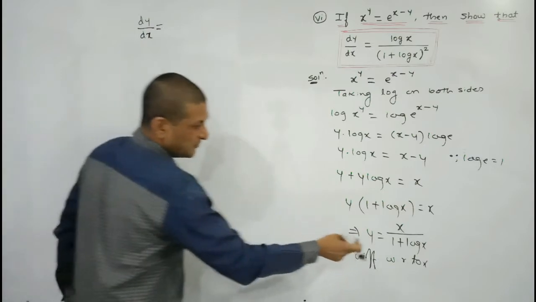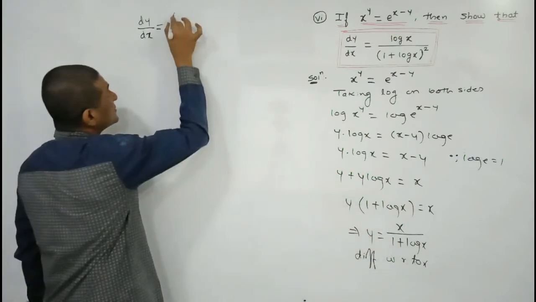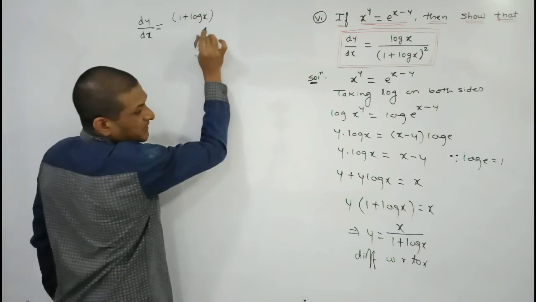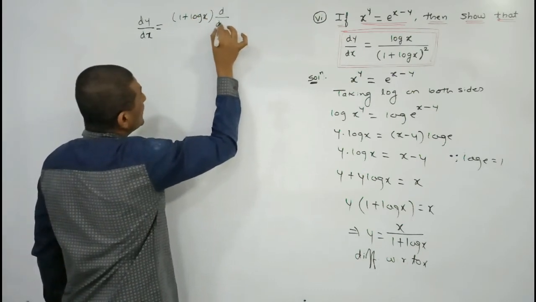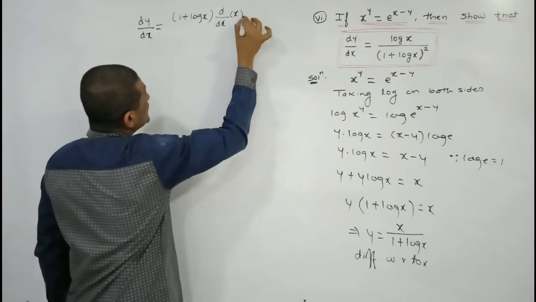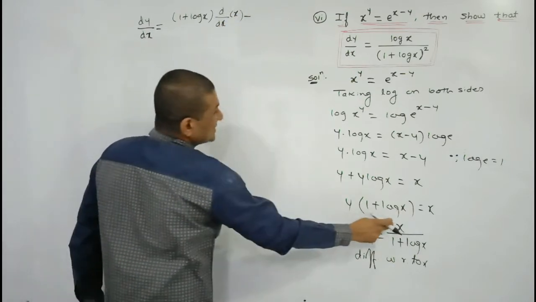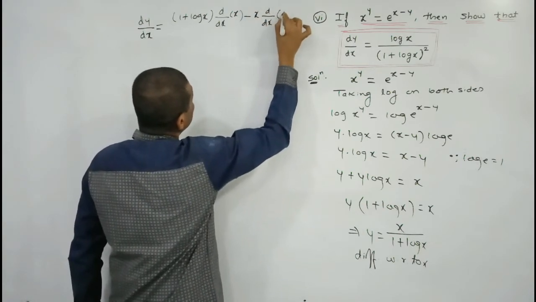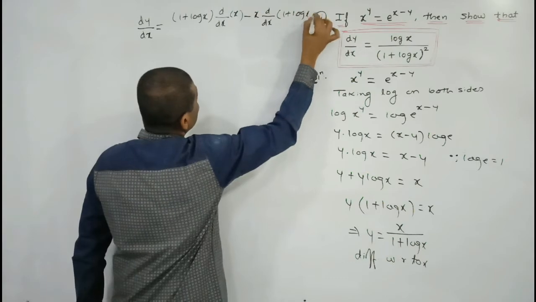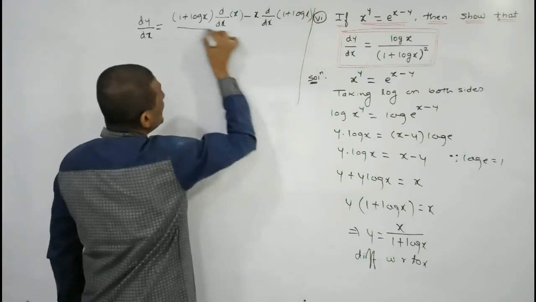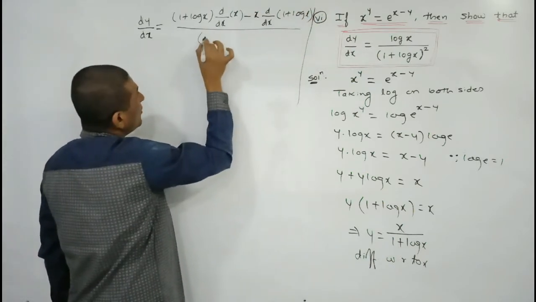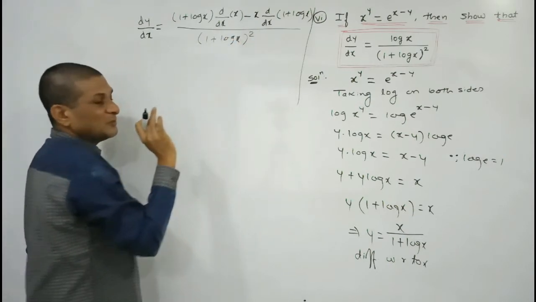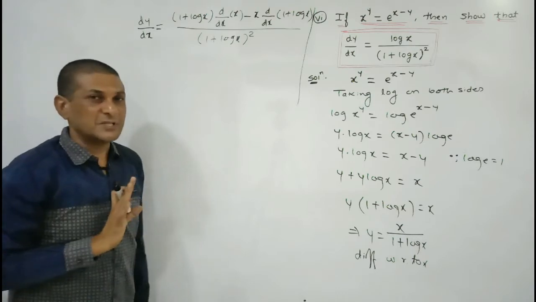According to the quotient rule, v as it is, means 1 plus log x as it is, into the derivative of u, means derivative of x, minus u as it is, means x as it is, into the derivative of v, means derivative of 1 plus log x, divided by the square of v. Square of v means square of 1 plus log x. In this way we have substituted the values in the quotient rule.